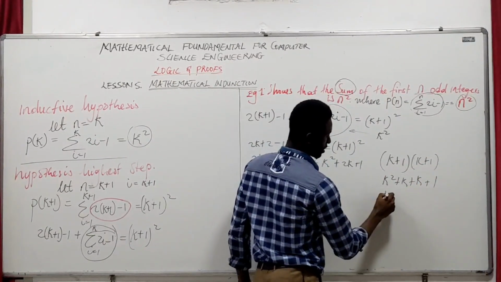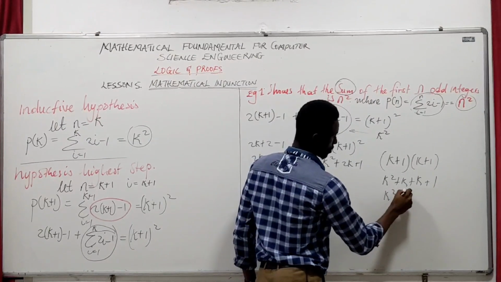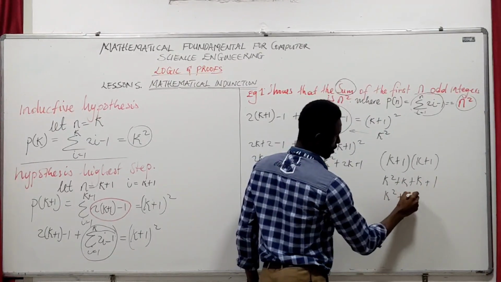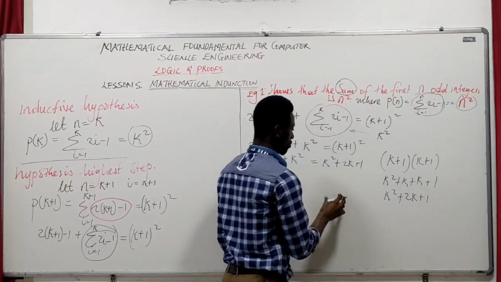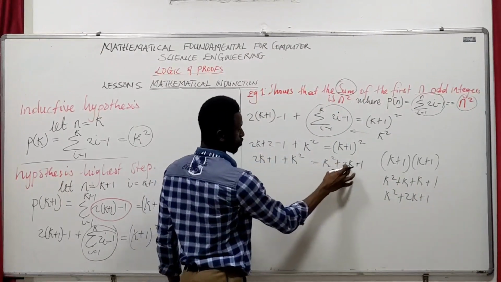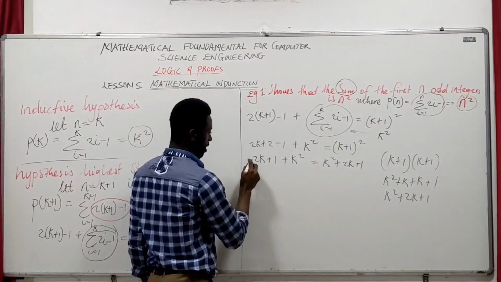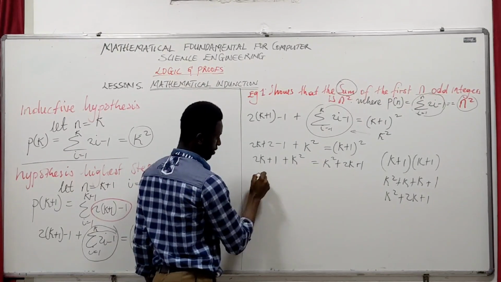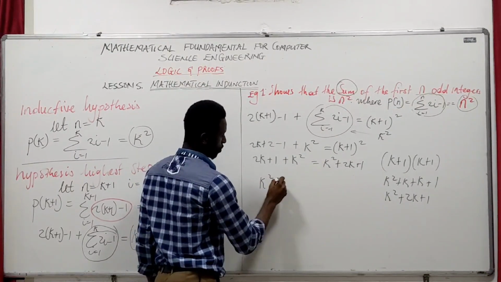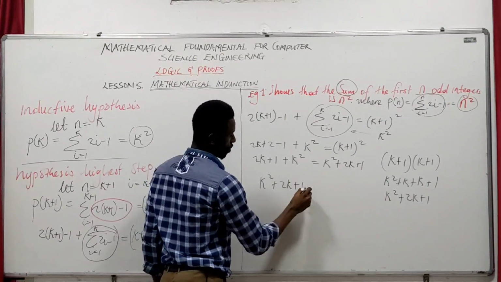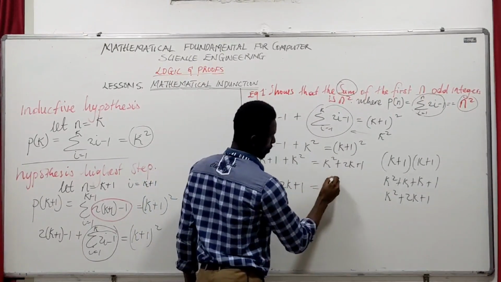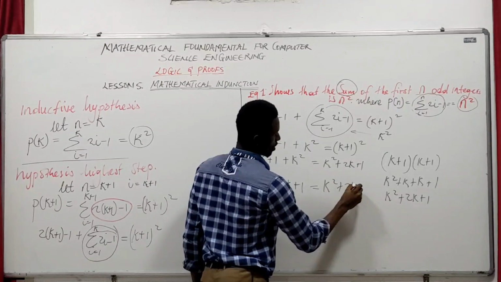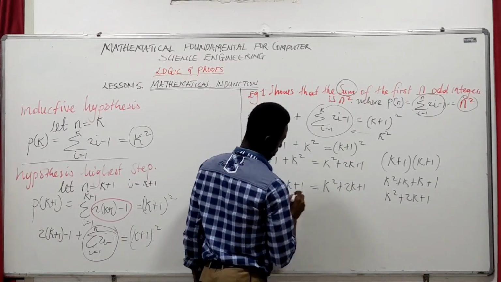So you add this: k squared plus 2k, k plus k is 2k, plus 1. That's why we have k squared plus 2k plus 1. Therefore, we rearrange this one: k squared plus 2k plus 1 equals k squared plus 2k plus 1.